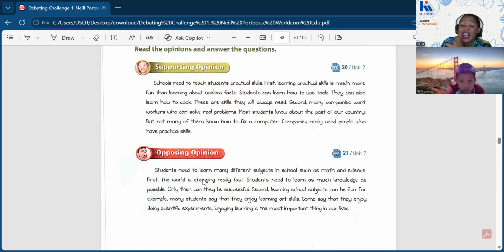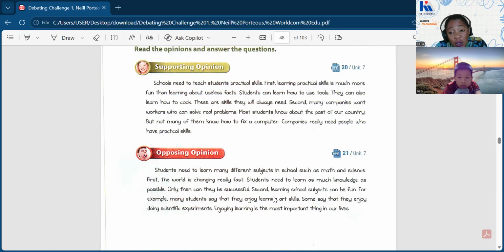It gives us two supporting ideas. The first one says the world is changing really fast. Students need to learn as much knowledge as possible, and only then can they be successful. In other words, when students learn different subjects, they will be successful. That is what the opposing opinion is saying.